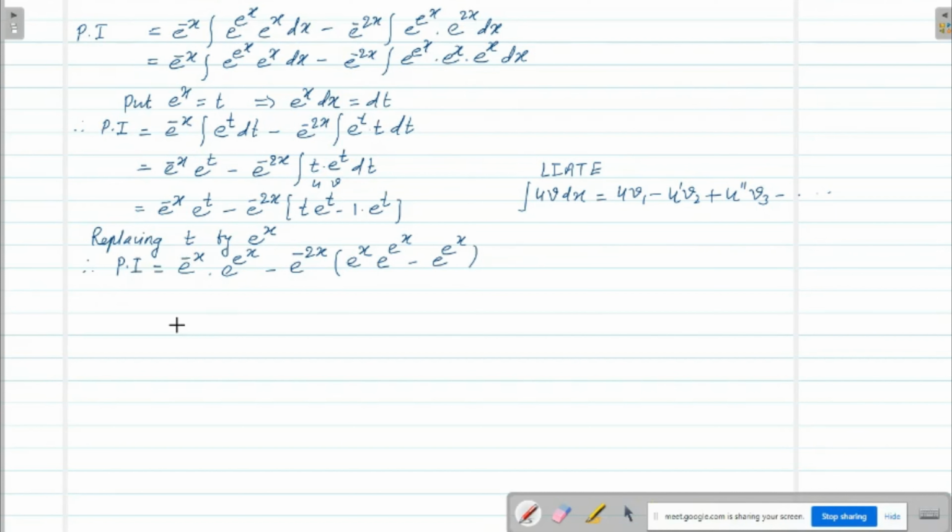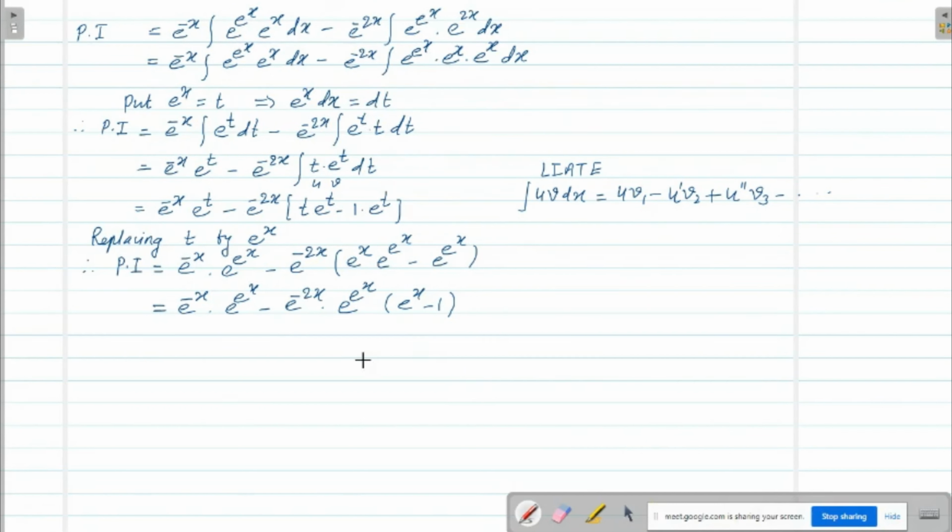Now just simplify this. So this equals e raised to minus x into e raised to x minus, what is the common over here? Common is e raised to x. So e raised to minus 2x into e raised to x common, and we will have e raised to x minus 1. So this is the required particular integral.